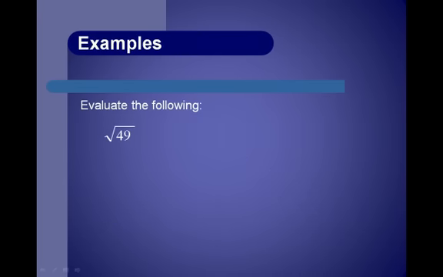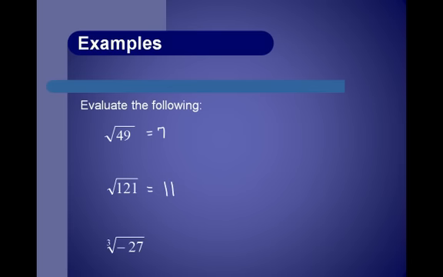Okay, let's do a few examples of roots and radicals. The square root of 49, what number multiplied by itself would give you 49? That would be 7. The square root of 121, what multiplied by itself will give us 121? That would be 11.